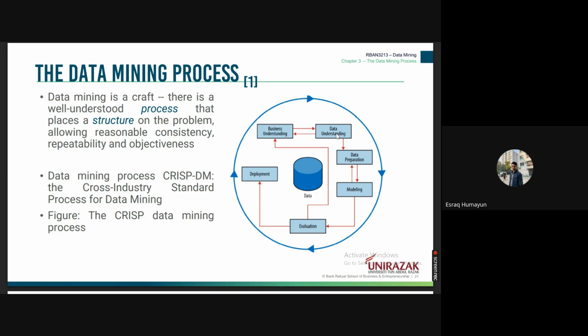Next is data understanding. You can see the arrow going in the other direction, because if you have any question or problem regarding it, you can talk to your boss and make it easy. Then the phase is data preparation. You will get the data from the databases, from the previous history.